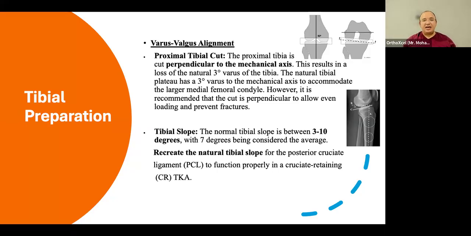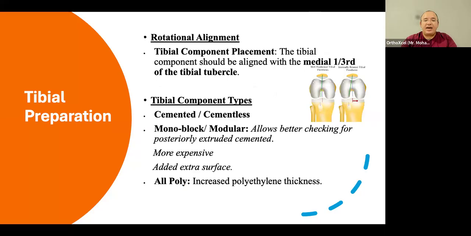There is no PCL, so nothing to stop the posterior translation of my tibia. So I have to maintain a low slope, about 0 to 3 degrees. So CR knee, I cut the slope at 5 to 7 degrees. PS knee, I cut the slope at 0 to 3 degrees, because I need less slope to do the action of the sacrificed PCL. Rotation, we agreed.